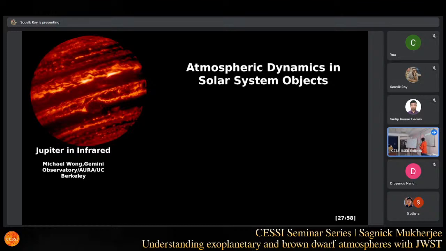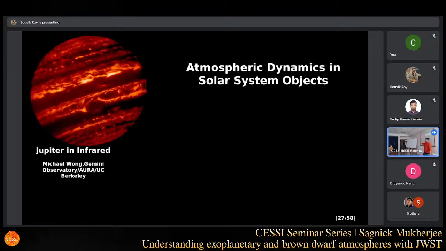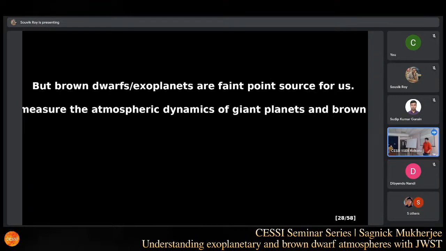You can take this wonderful image in infrared of Jupiter, and you can actually see all the signatures of dynamics: those storms, those plumes, those vortices, those eddies. Even better, there was a video here of those storms happening in Jupiter's atmosphere. But brown dwarfs and exoplanets are a pixel to you.